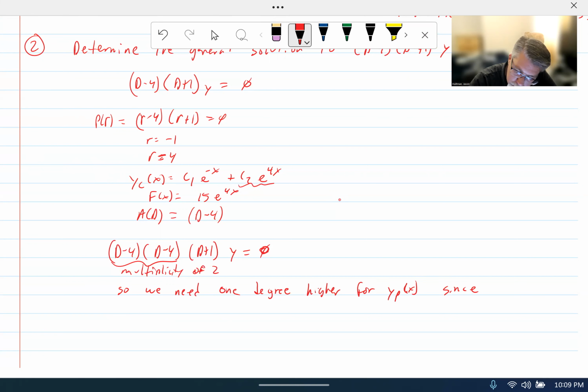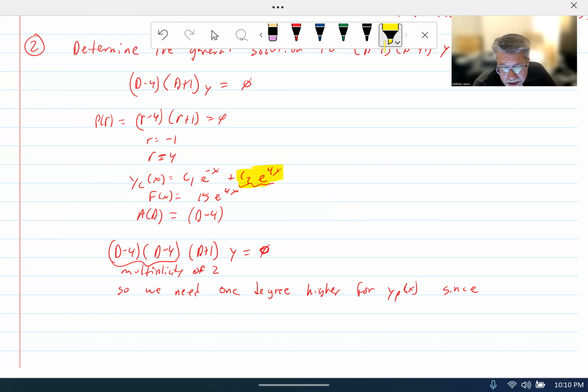If you look at this term up here, c2 e^(4x), right here, I already have an e^(4x) in my general solution.